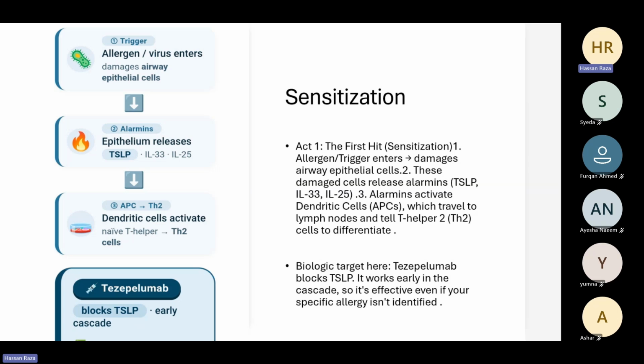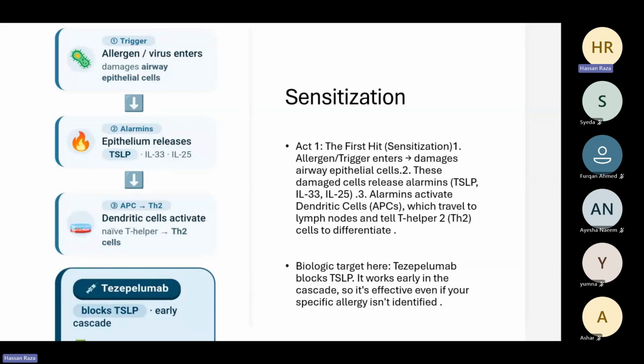And why are they called antigen presenting cells? Because they present the antigen, whatever this virus is, to T helper 2 cells. And what these T helper 2 cells do is they differentiate. For this slide, you just need to remember this; I'm repeating because this is a very difficult thing.